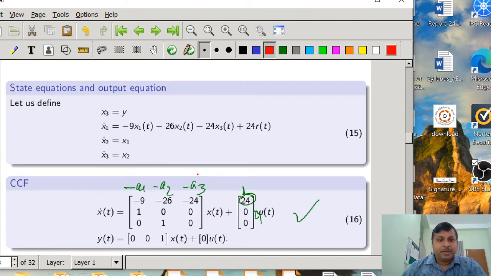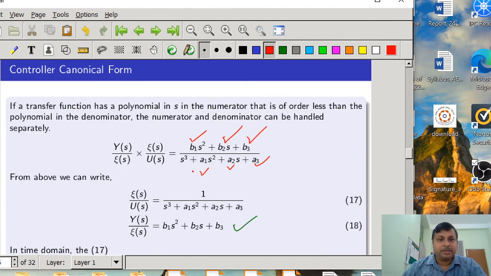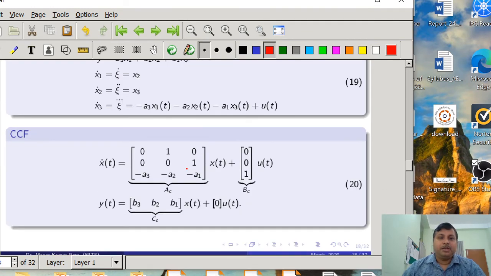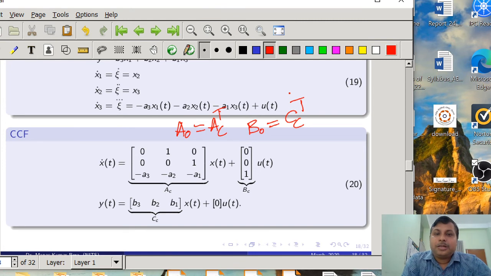Now you see that A0, which is in the observer canonical form, is the transpose of A of the controller canonical form. And the B matrix of the observer is the transpose of the C matrix of the controller canonical form, and the C matrix of the observer is the transpose of the B matrix of the controller canonical form.